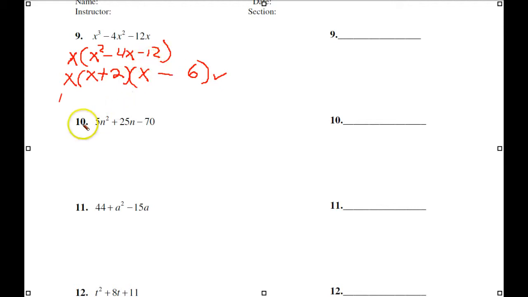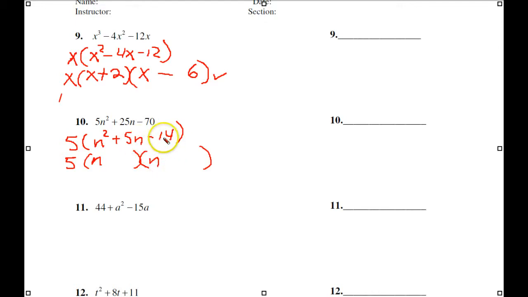All right, looking at number 10. Again, since standard form, I see I can factor out a 5. And I get n squared plus 5n minus 14. And we still need the 5. Two sets of parentheses, an n and an n.